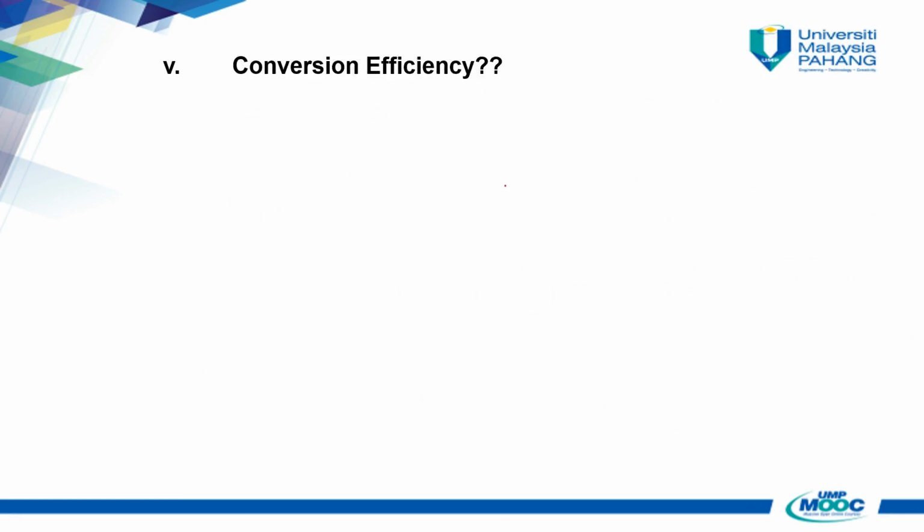Okay, last. Conversion efficiency. If someone still remembers. P out over P in. Macam mana nak kira?